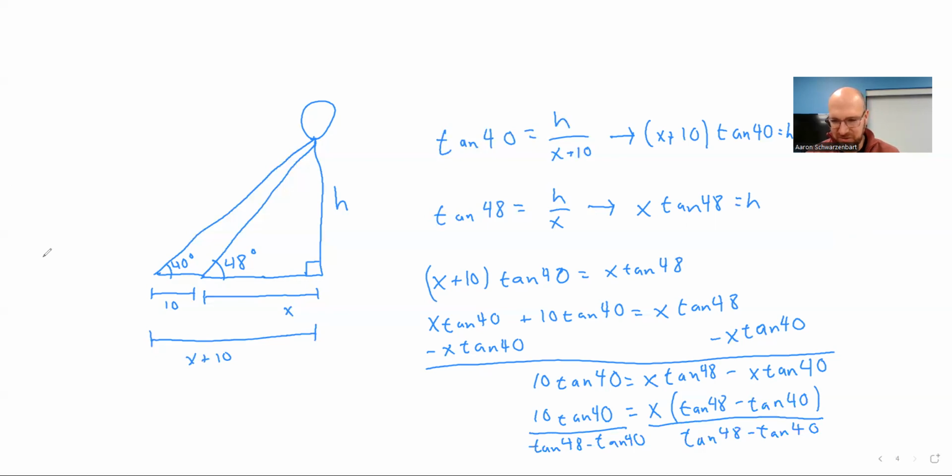Make sure when you're doing ones like this, you don't forget to close parentheses, because I just did. And I get 30.9 equals x. So that's x. That's this distance here.